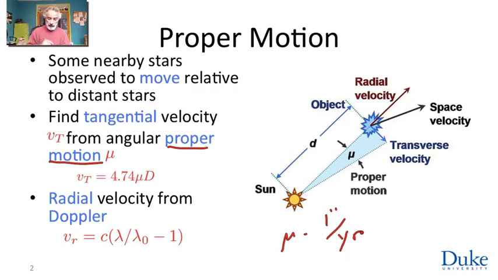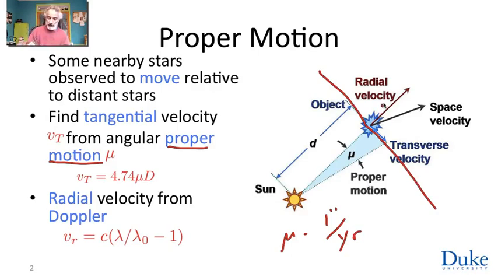And when we're looking at an object, notice that an object can be in motion and have zero proper motion if it's moving right at us or away from us. And so when looking at an object, we define a plane called the transverse plane. The transverse plane in this image is this direction and the direction perpendicular to it coming out of the page towards us, and a radial direction.